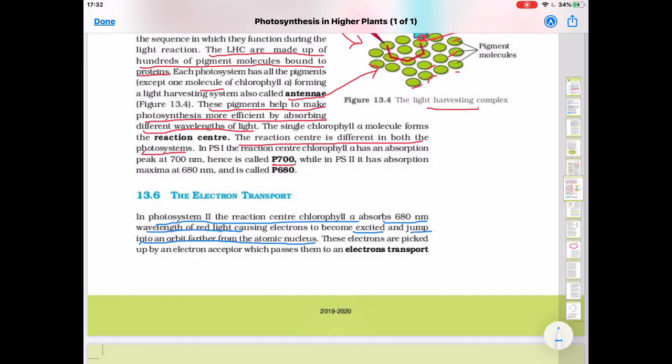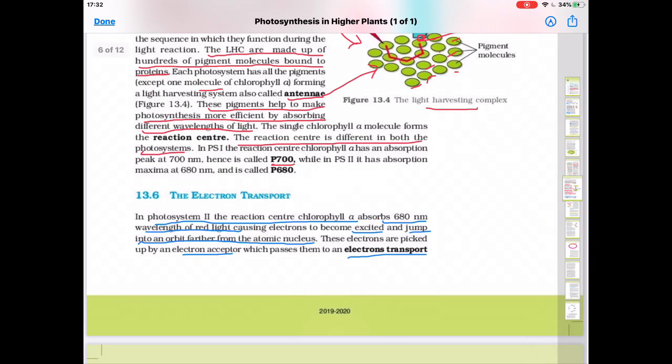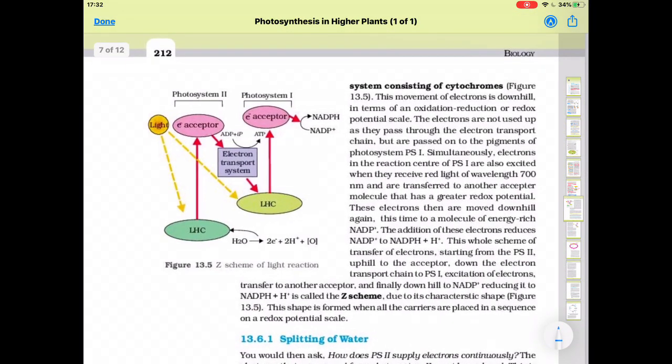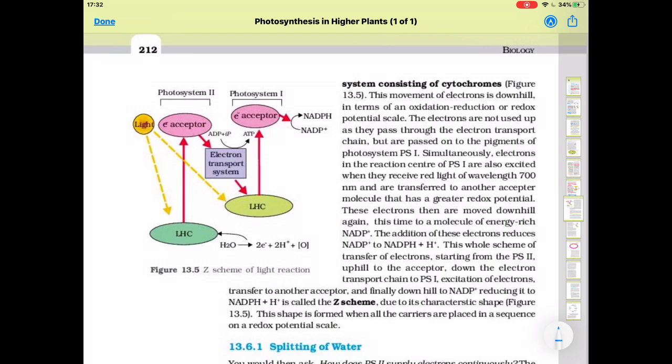As already you have studied, after absorbing energy, the electron moves towards the outer orbit. These electrons are picked up by an electron acceptor, another molecule present in the surrounding. That electron acceptor picks up the electron and passes it to the electron transport system consisting of cytochromes. Cytochromes are different molecules which give color, different pigment compounds.